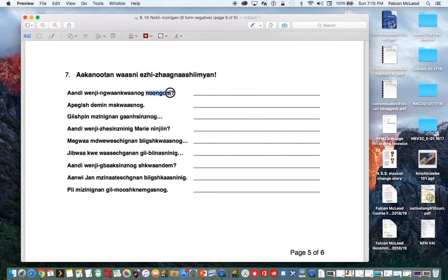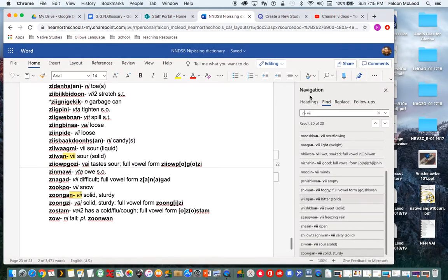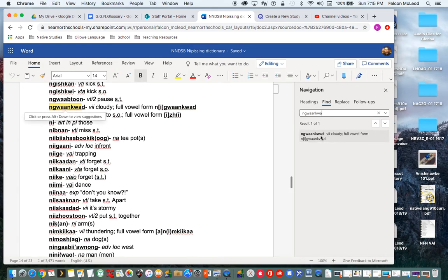We know this word is today or now. And so this is our verb, ngwan kwa, and we can look that up here, see what pops up in the dictionary to see what kind of ending it has. Oh, so there's a D sound in there. Okay. And so the Bform replaced that D or T sound.